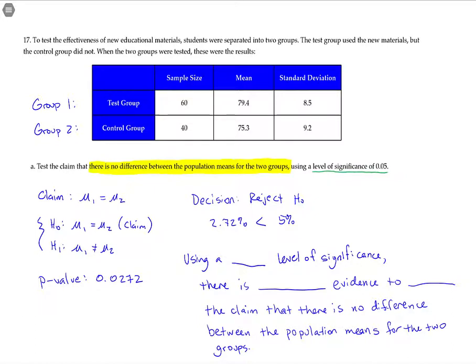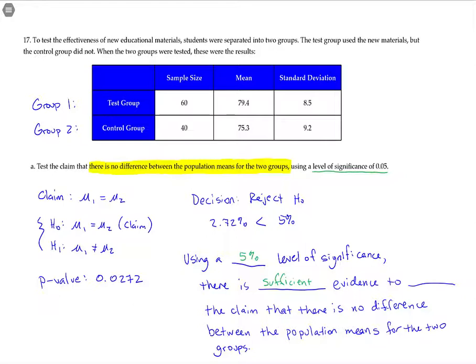So using a 5% level of significance, there is, and here we want to say there's either sufficient evidence or insufficient evidence. And we're going to say there's sufficient evidence, and that's because the decision was to reject, or sometimes you're just saying there is or is not enough evidence, and that's fine.